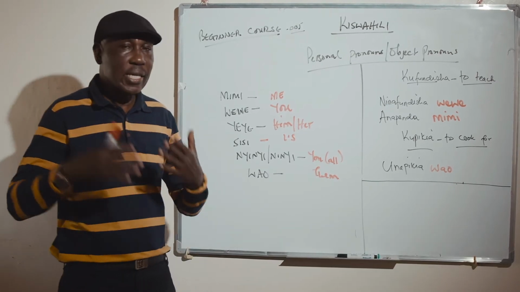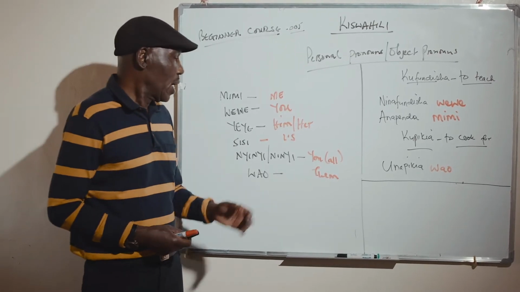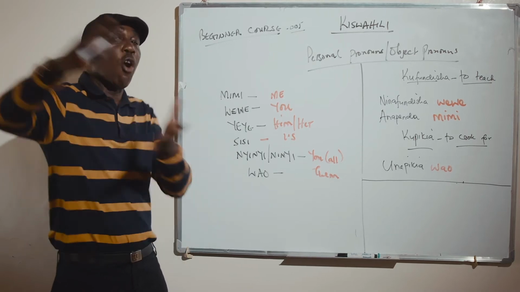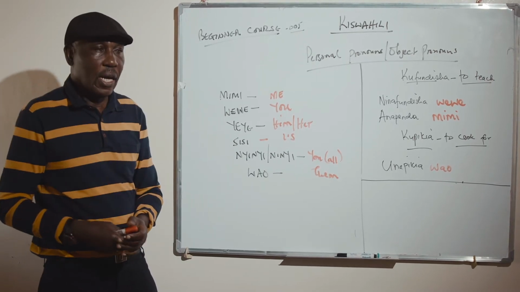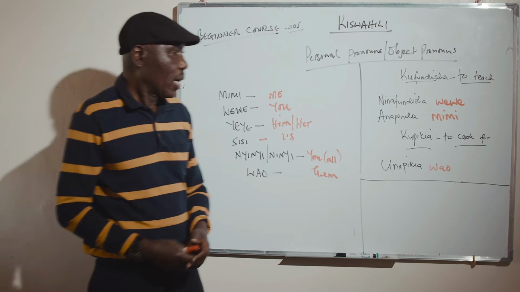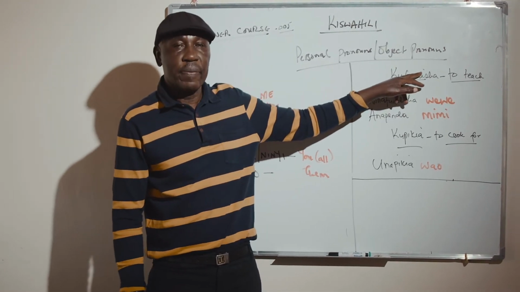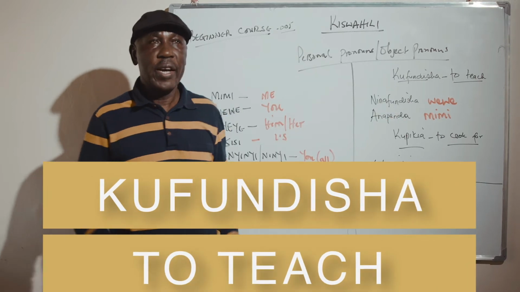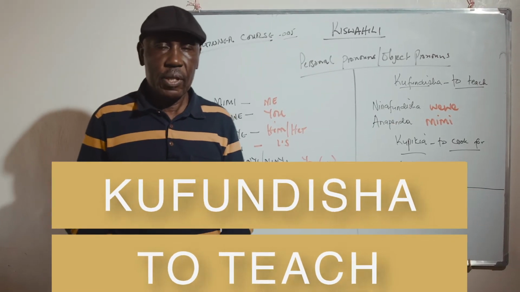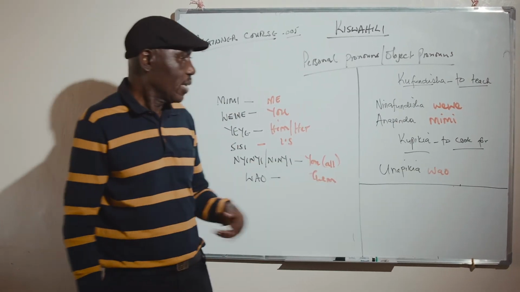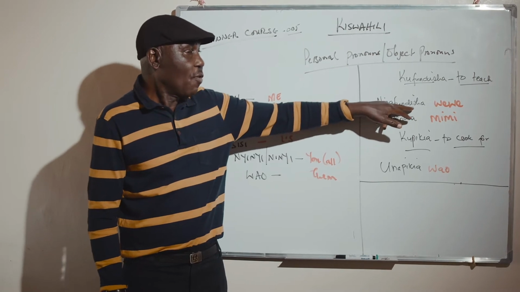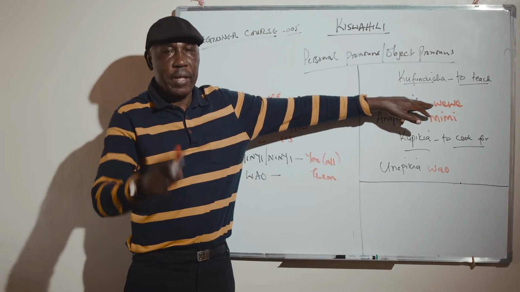Normally, in our sentences, if we use the personal pronouns, you find they are the objects of the sentence. For example, let me use the verb kufundisha. Kufundisha is to teach. And for now, I'll say, ninafundisha wewe.